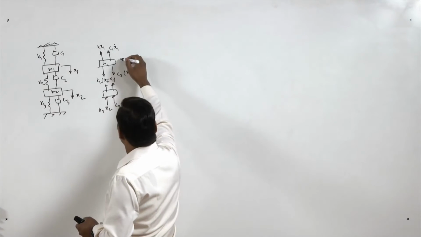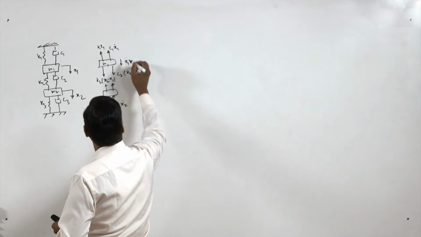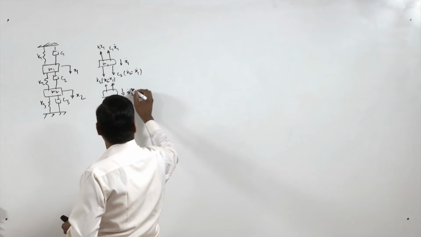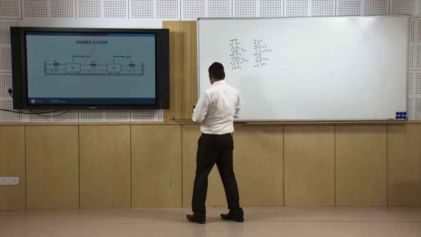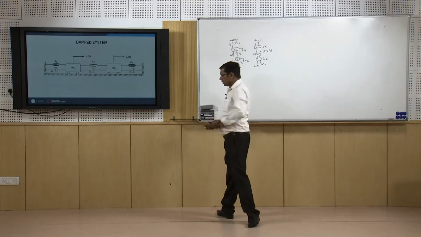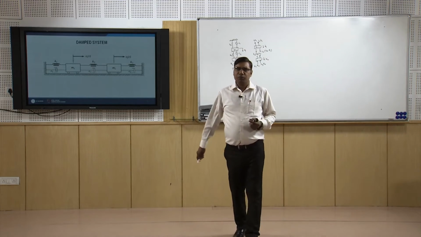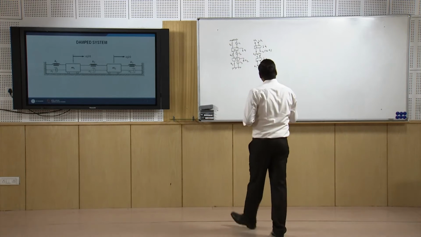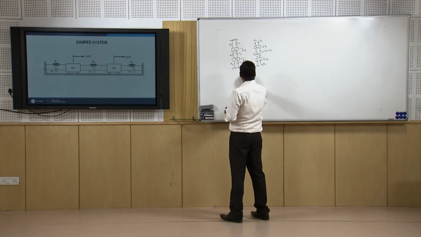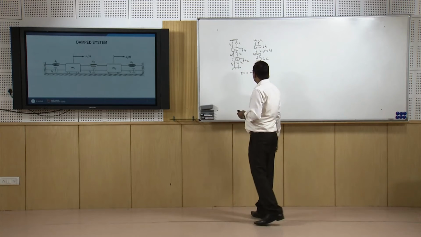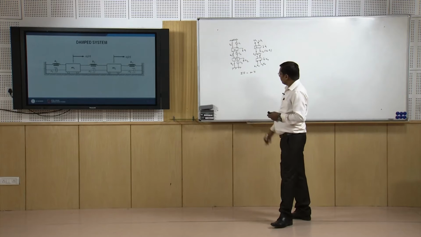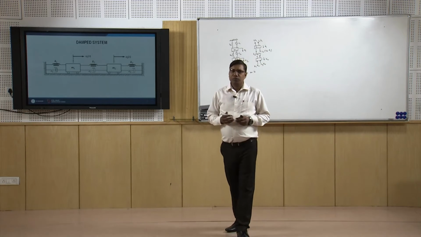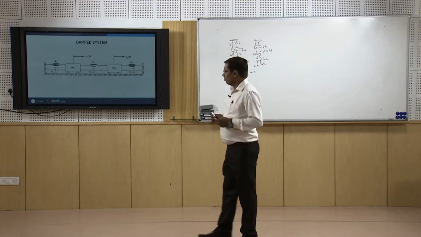So, these are the forces on the free body diagram, and when we apply sigma F equal to m x double dot for both the cases, we can write the equations of motion.